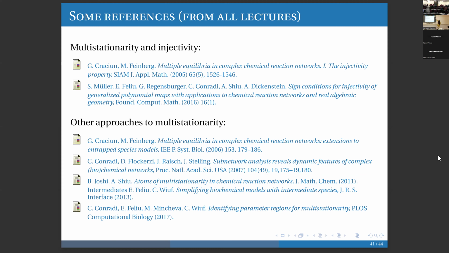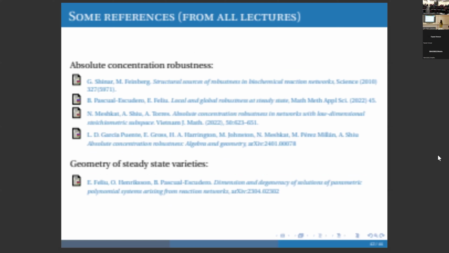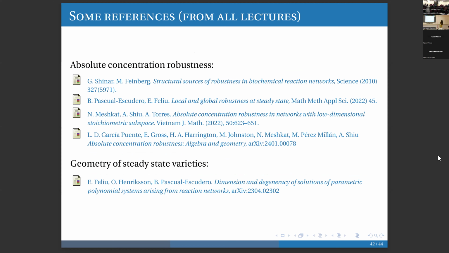This other block is from yesterday's lecture and some other approaches that I did not have time to talk about on multi-stationarity, but if somebody is interested, there are many other directions. Some of them go through reducing the networks, removing parts of the network and looking at sub-networks and these kinds of things. These are the references on absolute concentration robustness and dimension here. Thank you.